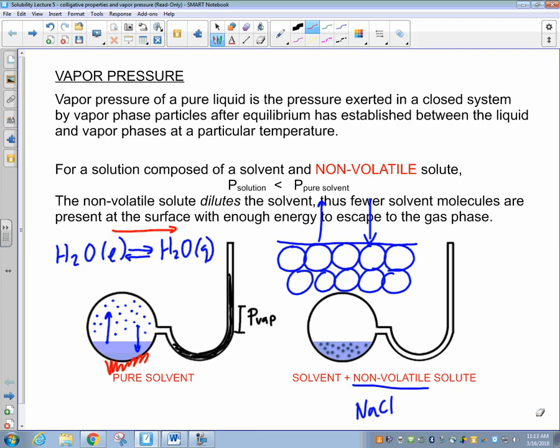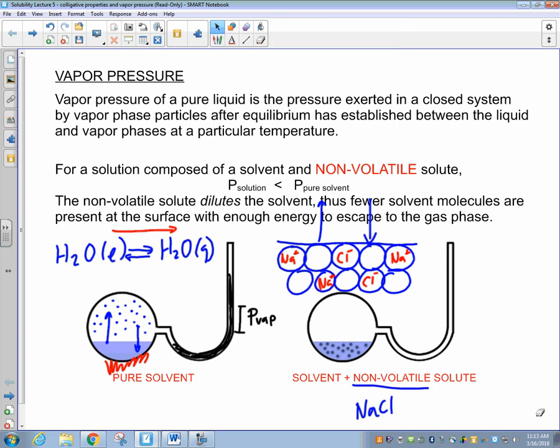And what happens now when we dissolve a non-volatile solute into the solution? You might recall that upon dissolving, a species like salt will dissociate into its component ions, in this instance sodium ions and chloride ions. So whereas before, this entire solution had been made up of water molecules, now all of a sudden we have non-volatile sodium ions and non-volatile chloride ions occupying some of the positions within our solution.